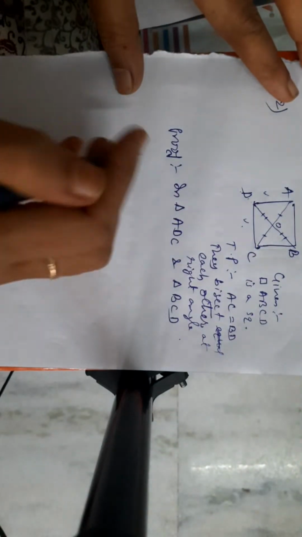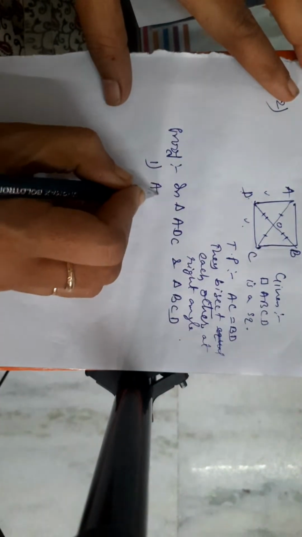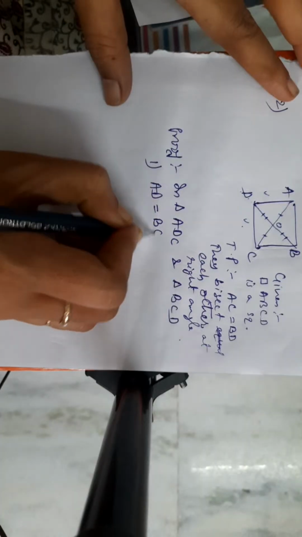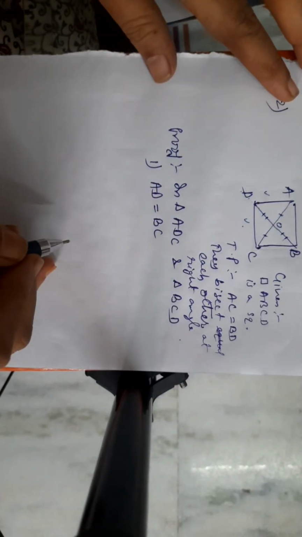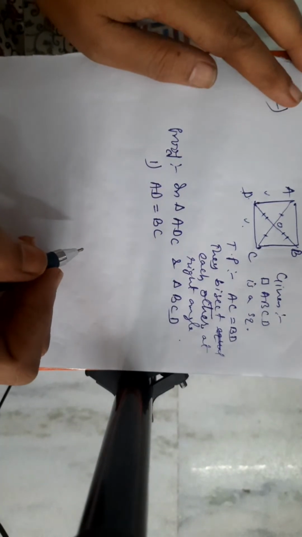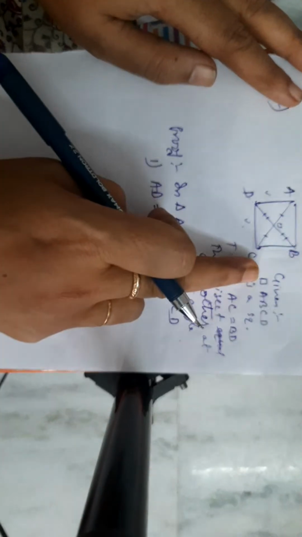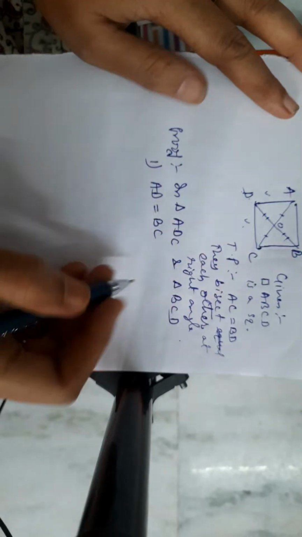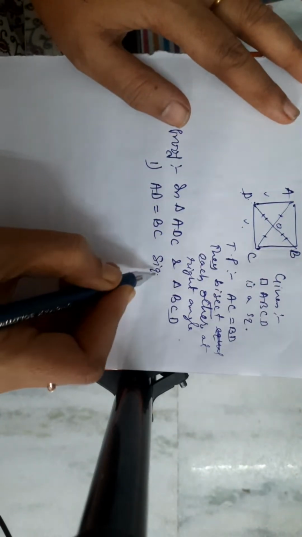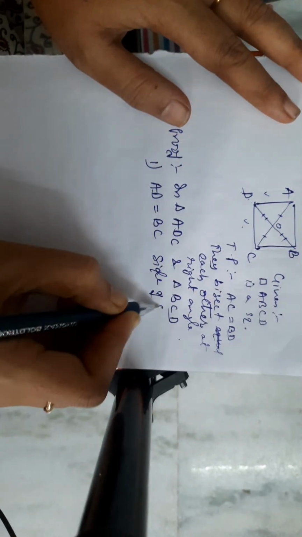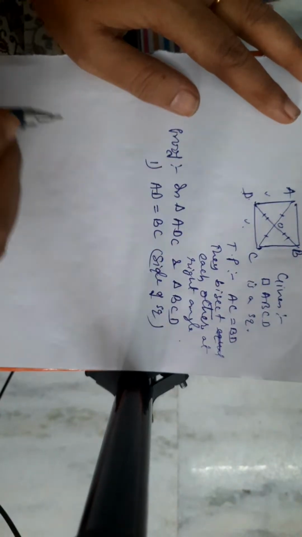Here the first one, AD is equal to BC. Can anyone respond how we got AD and BC equal? This is nothing but the sides of a square. Sides of a square are equal.